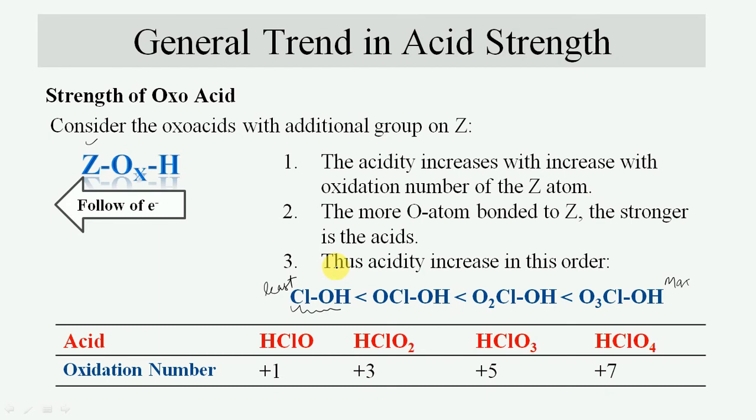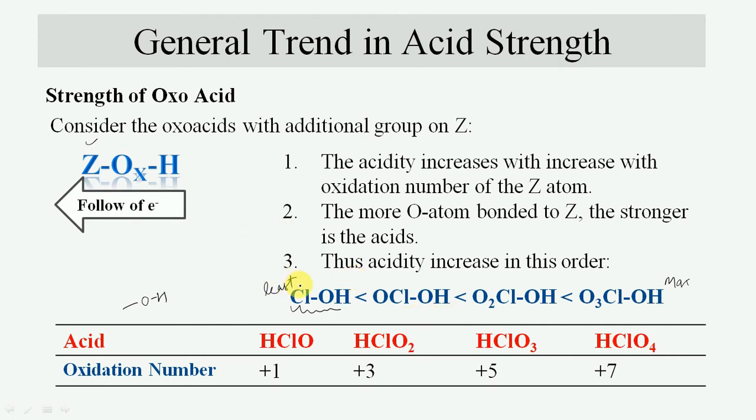All these four acids have only one protonated oxygen, in the OH group. The other oxygen atoms tend to withdraw electron density from around the hydrogen through the intervening atom. As a result, it becomes easier for the proton to dissociate and the acidic character of the compound increases. Thus, the more oxygen atoms bonded to Z, the stronger the acidic strength. So let us compare.